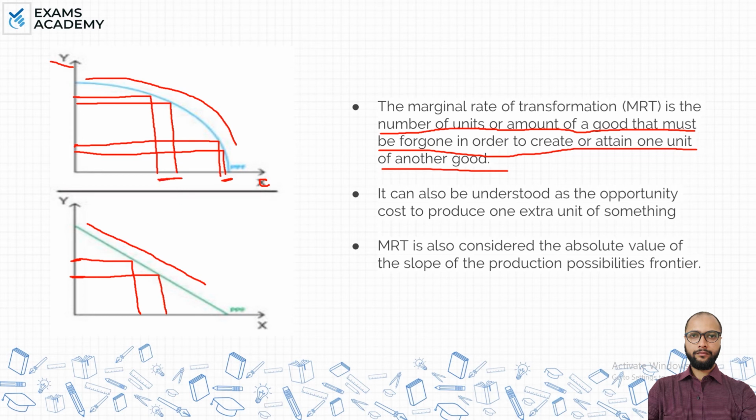So the rate of transformation is changing, while here it is always constant. This much reduction in Y leads to this much increase in X wherever you are on the line. Alright, so that is the main definition and the understanding of marginal rate of transformation.